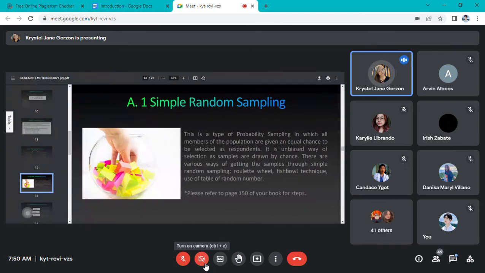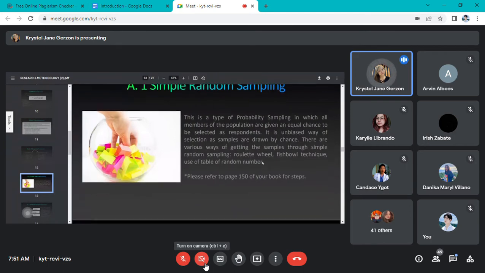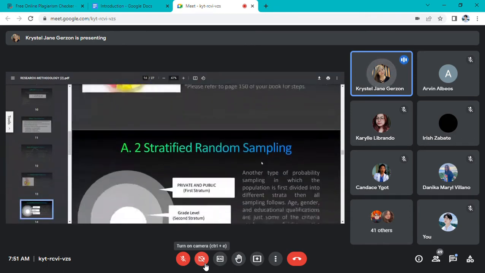For example, the fishbowl technique, where you draw names, or a roulette wheel, so you would randomly select the respondents. Or you can even print out a picture of all of your target population, and whoever gets hit by your dart will be your respondents. So that is simple random sampling.